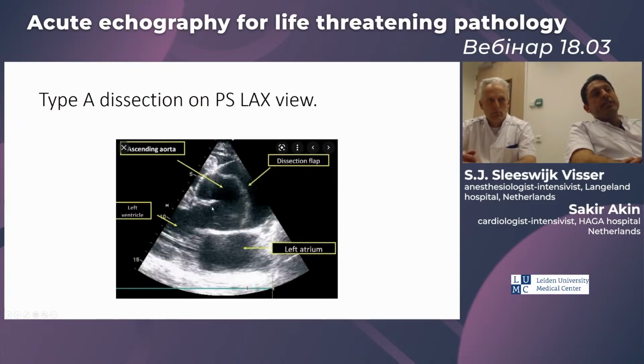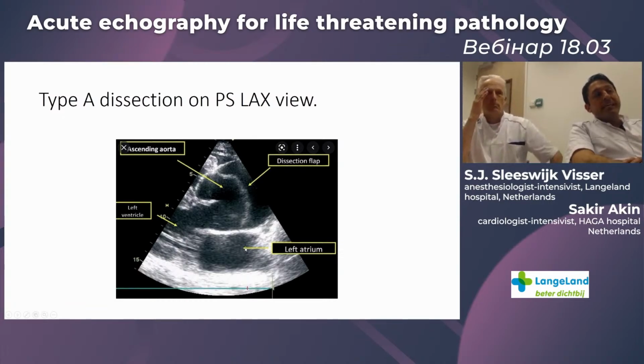And as you see here, just by looking in the parasternal long axis view, you can see a widely dilated aortic root, which loses the sinotubular junction, and a dissection flap, which shows clearly a type A dissection, which you see in 2 seconds. Then you can be very fast after this to go to the OR.